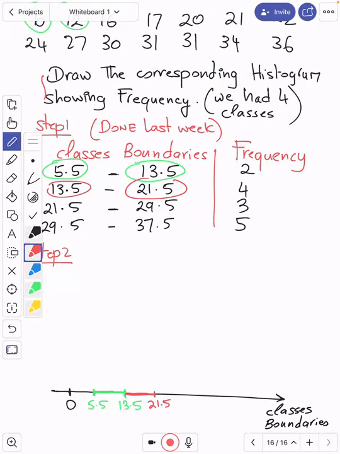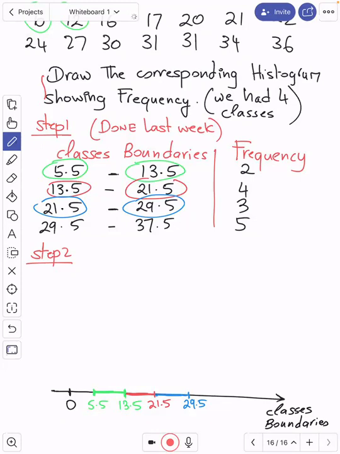Now, the third class is from 21.5 to 29.5. 21.5 is already on my horizontal axis, so I'm going to put 29.5 now. Here's my 29.5. My third class is represented by this blue interval, between 21.5 and 29.5.